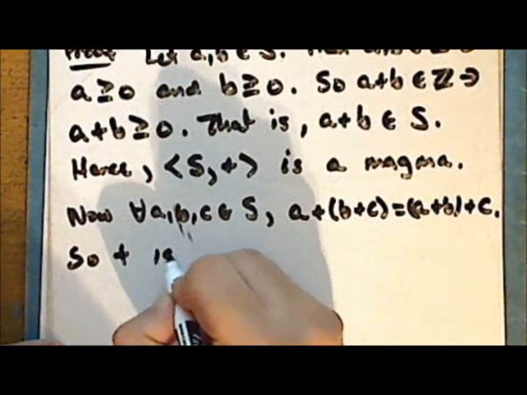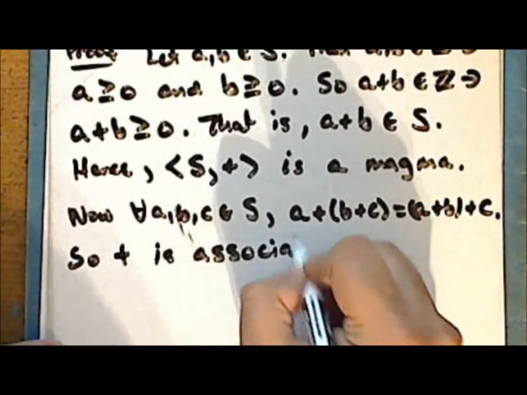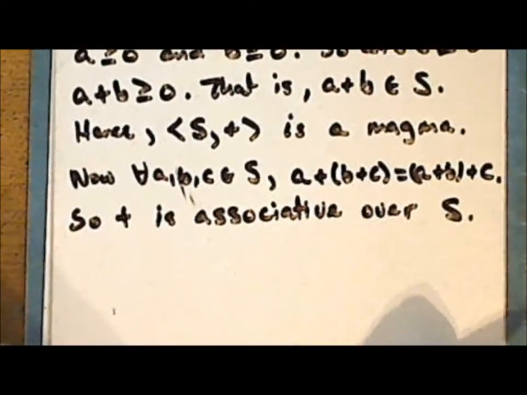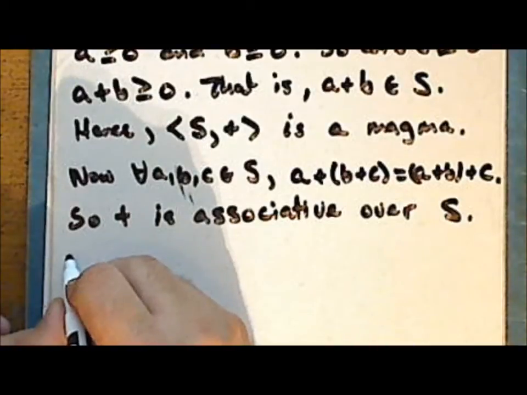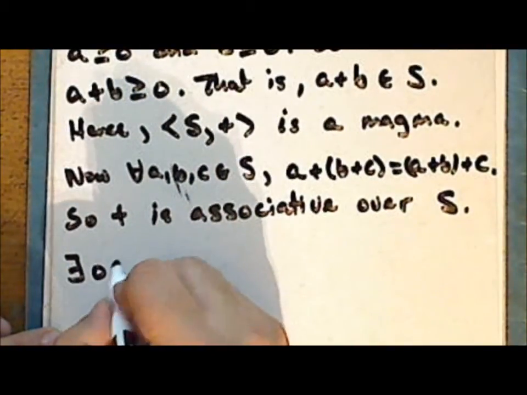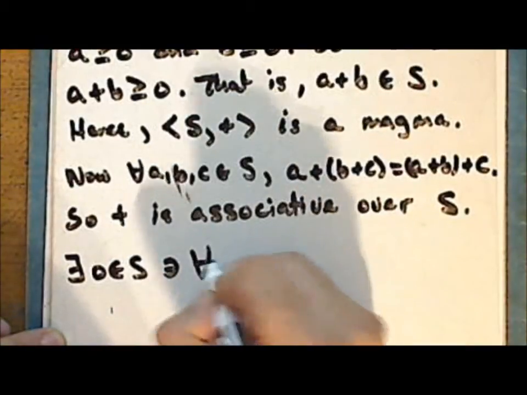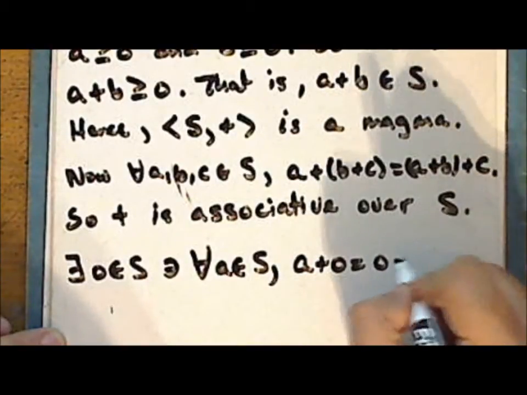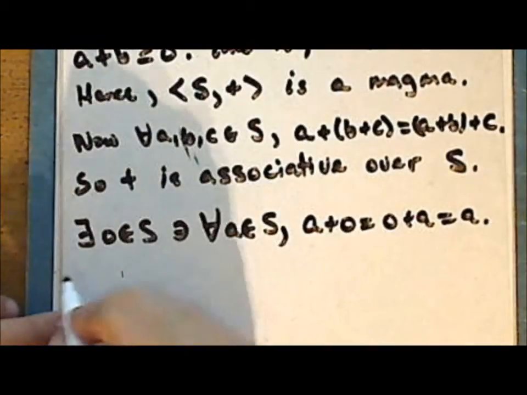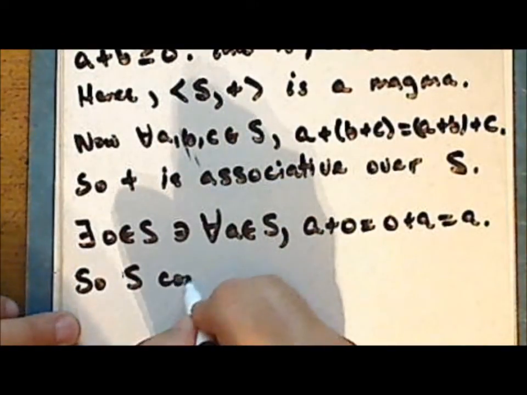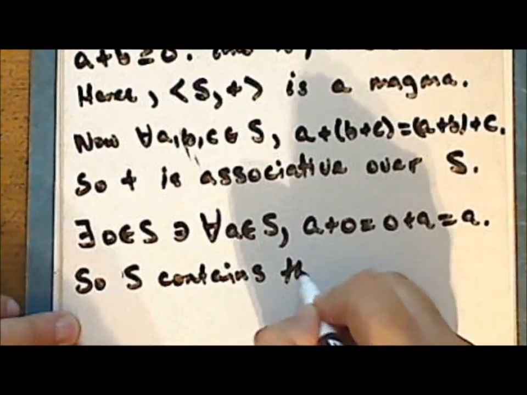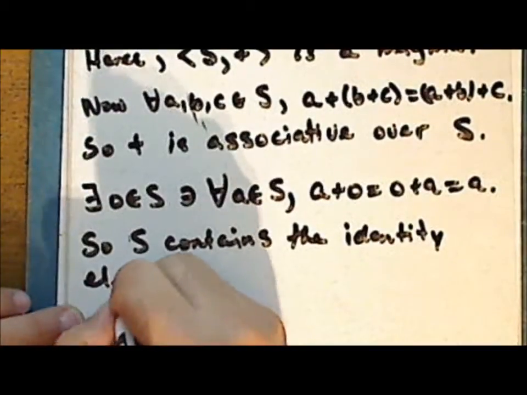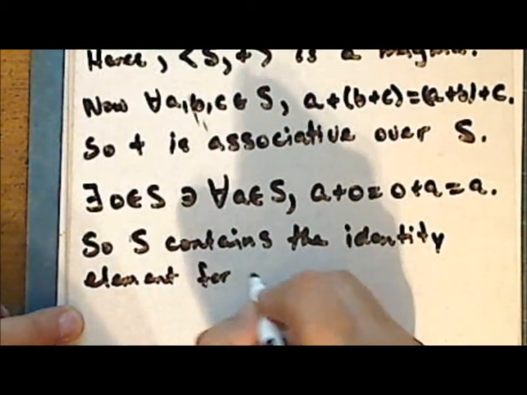So the operation of addition is associative over the set S. And there exists the number 0 in the set S such that for every other element A in the set S, we have that A plus 0 is the same as 0 plus A, which equals A. So the set S contains the identity element for the operation of addition.